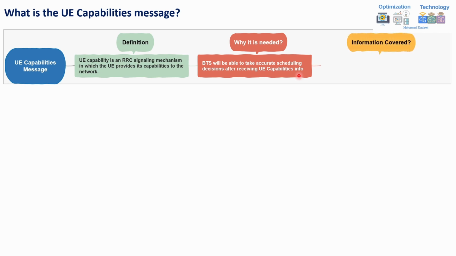Lastly, what kind of information is usually covered in this part? During the attach, some information is reported in the attach message and other information in the UE capability information. Usually the network or the eNodeB requests the UE capability information message from the UE by sending a UE capability inquiry. So the first part is the network capability, included in the attach request.